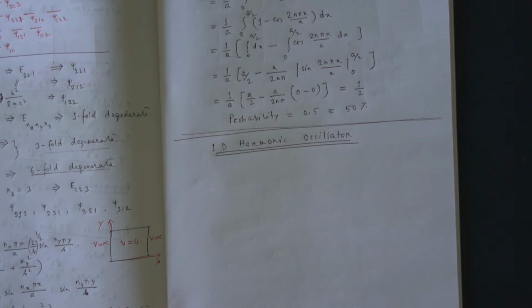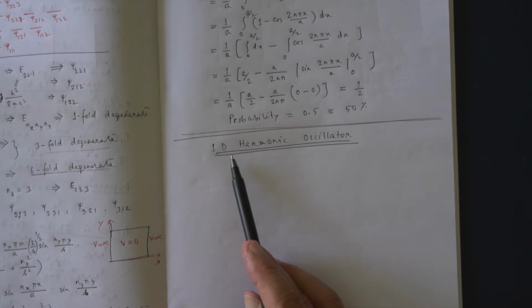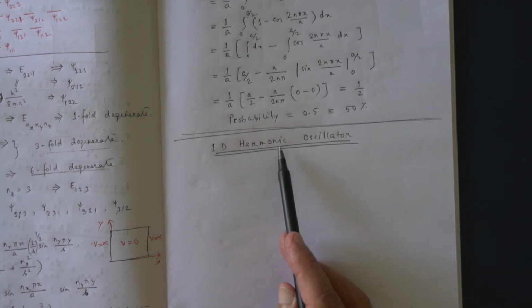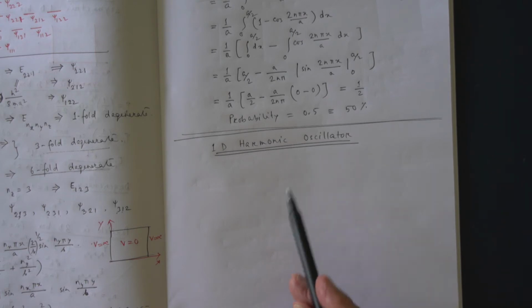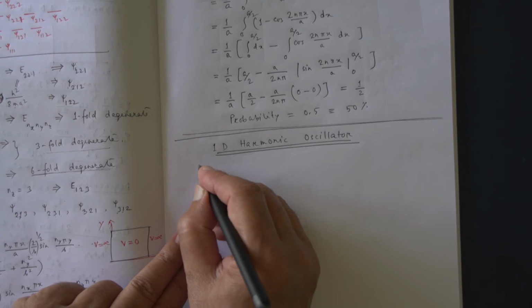We have discussed particle in a one-dimensional box, two-dimensional box, and three-dimensional box. Now we have to consider the one-dimensional harmonic oscillator. Let us first see the classical picture.